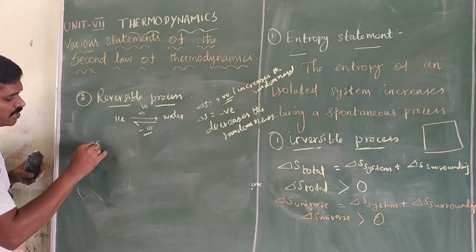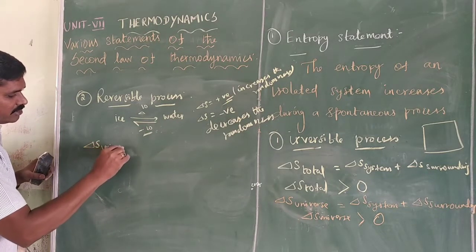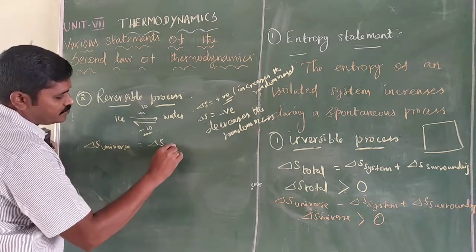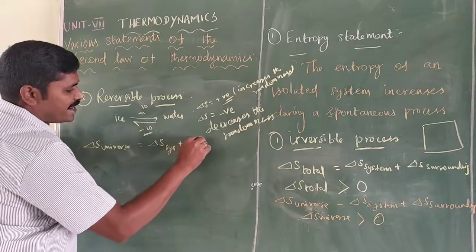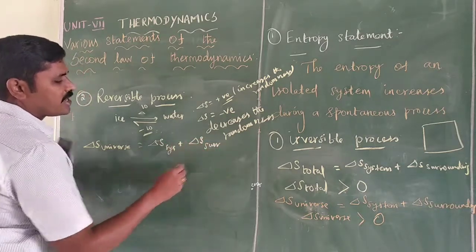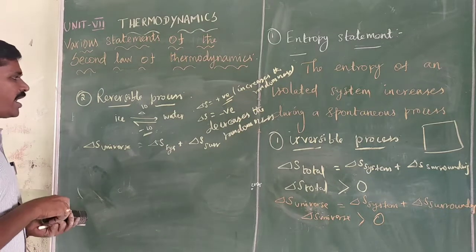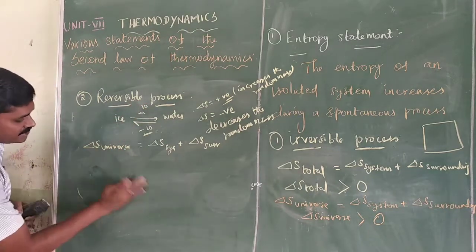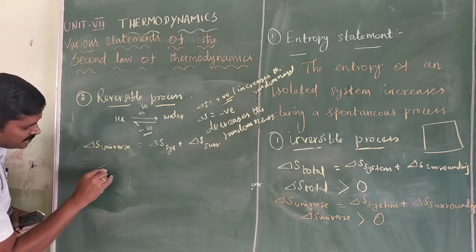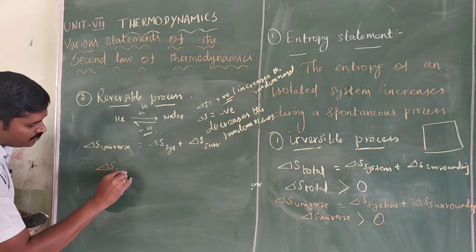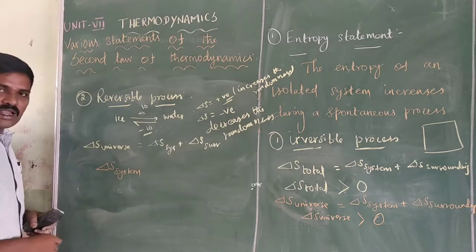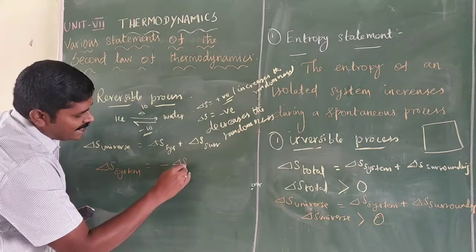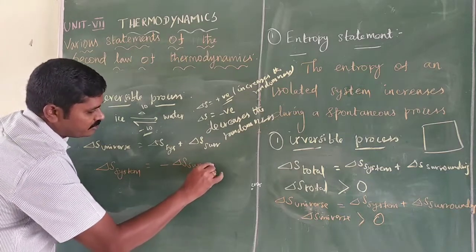Del S universe is equal to del S system plus del S surrounding. In a reversible process, del S system is equal to minus del S surrounding.